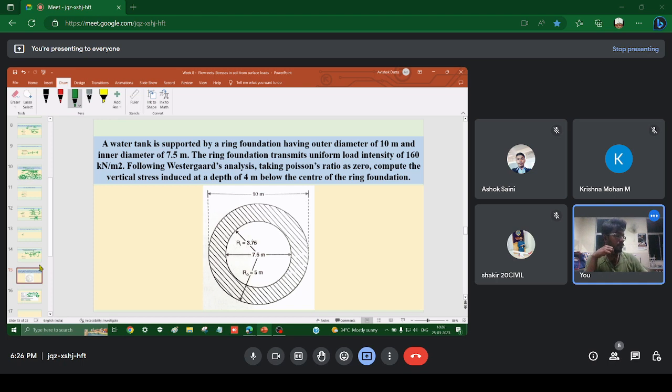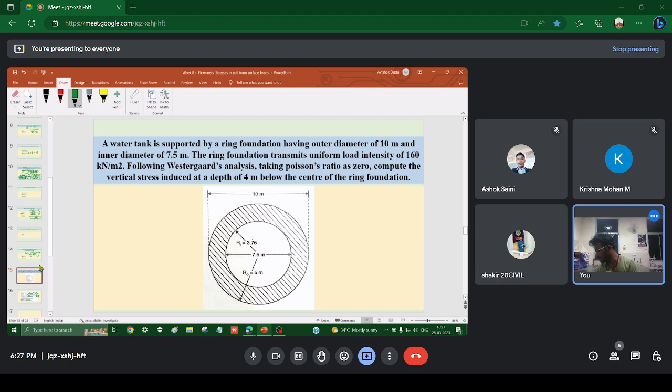This question, have you solved it? Has anyone solved this question? No, sir. Why? This is with the Westergaard formula. Sir, actually, in classes they are directly giving formulas, not solving numericals. Okay, we'll solve it step by step.